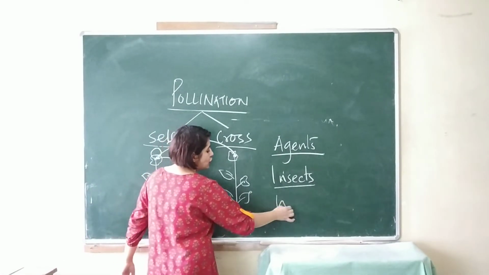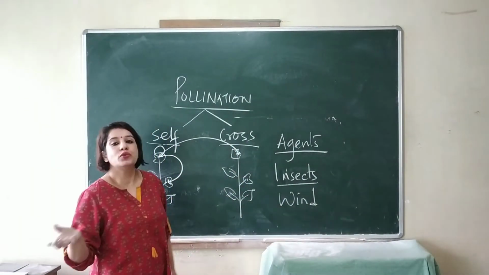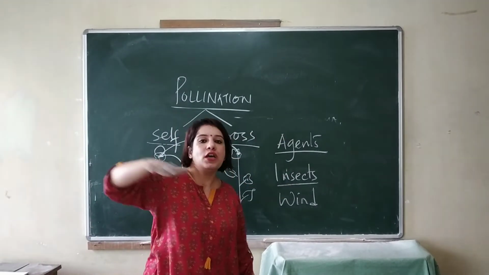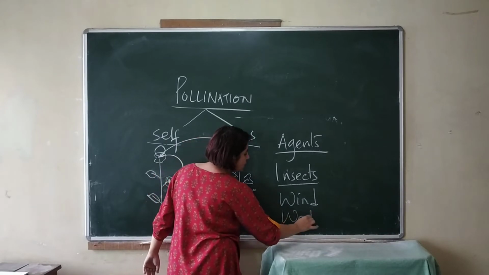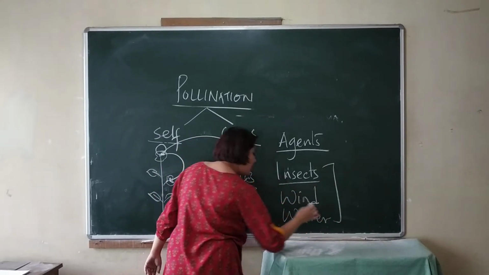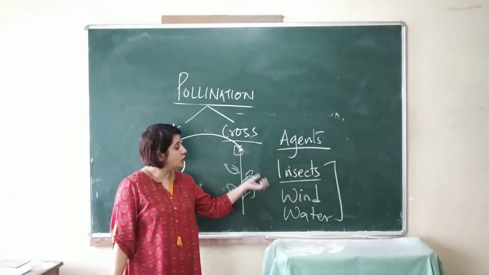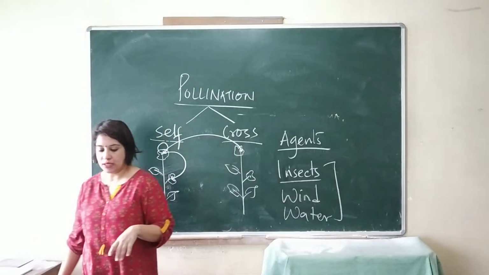So the next agent is wind. And for plants which grow in water, the water will carry the pollen grains from one flower to another. So the next agent is water. There are many other agents, but we'll be discussing only three: insects, wind and water.